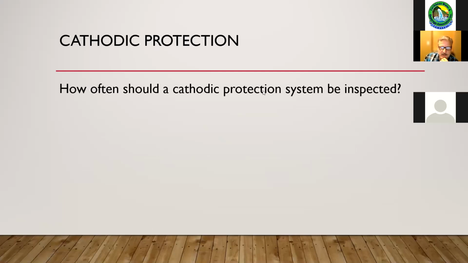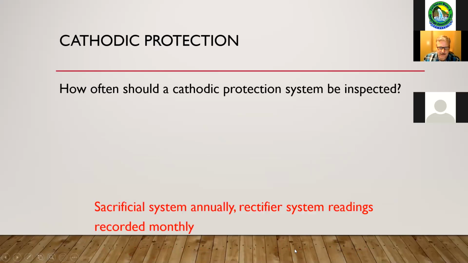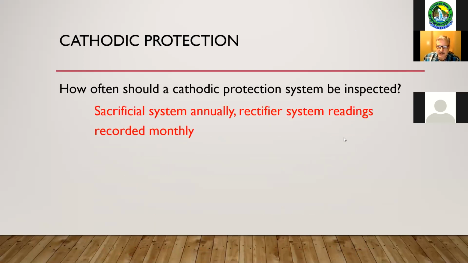How often should a cathodic protection system be inspected? Yearly, 6 months, every 60 days. It definitely depends on the system, but all really good answers.